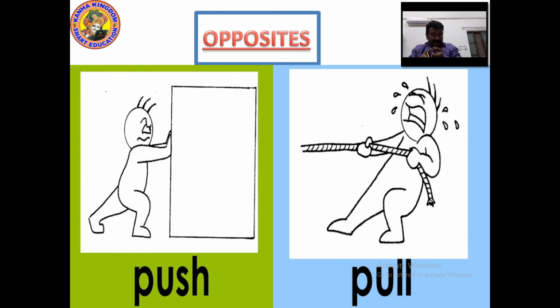Pulling means something towards us, inside. So now opposite of push is pull, and opposite of pull is push. Pull towards, push outwards. Inwards, outwards. Pulling means inwards. Pushing means outwards. Please write this down. Opposite of push is pull and opposite of pull is push.